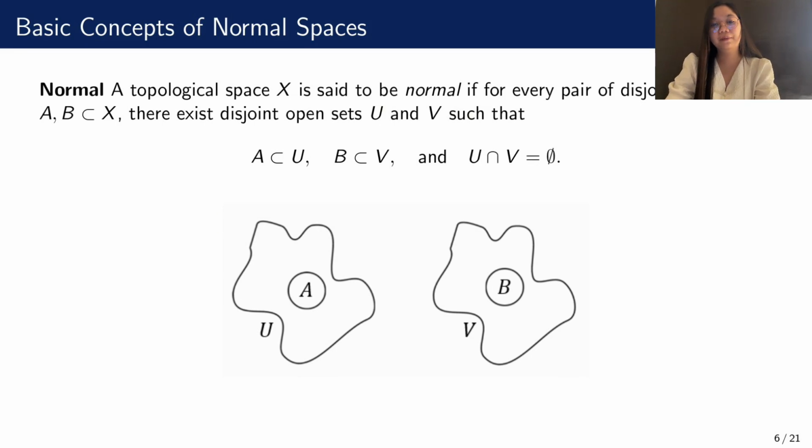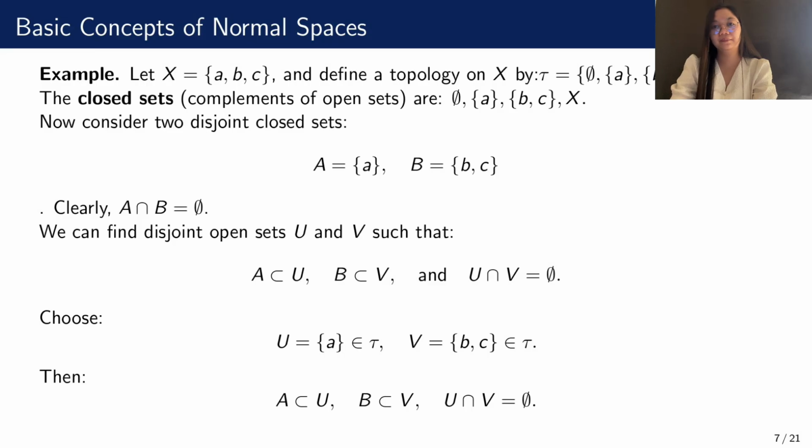So for a better understanding, I have here a simple example on how we find a normal space on a topology. Let X be equal to {A, B, C} and define a topology on X by tau is equal to {null, A, BC, X}.